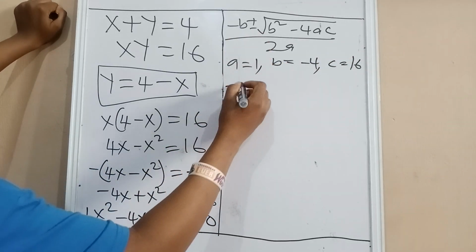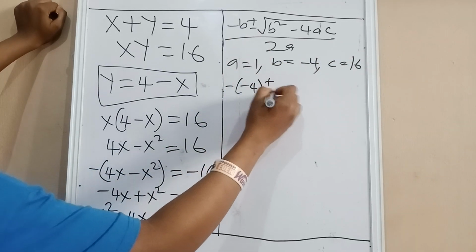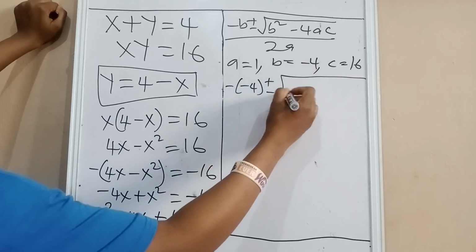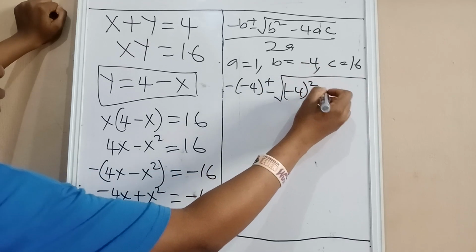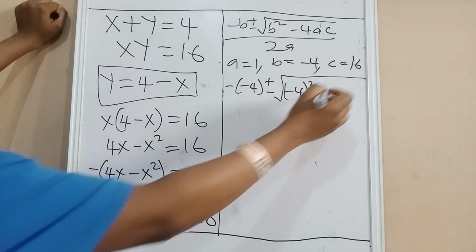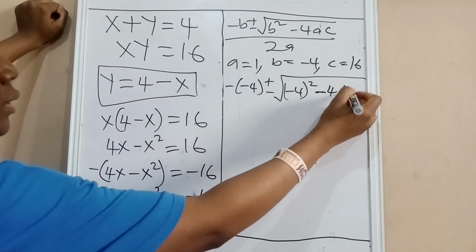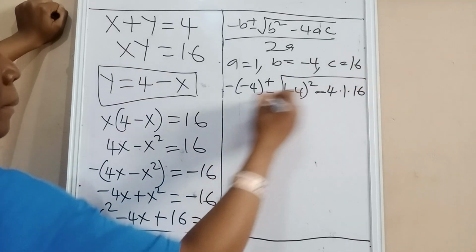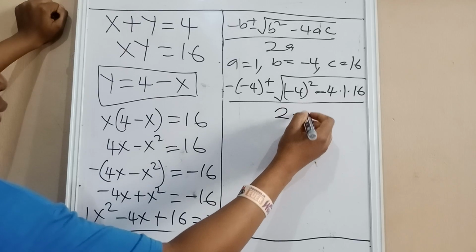So minus minus 4, plus or minus the square root of minus 4 squared minus 4 times 1 times 16, all over 2 times 1.